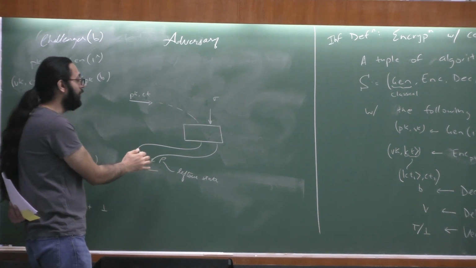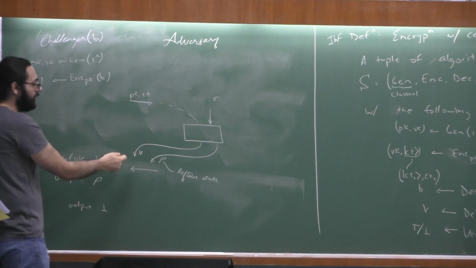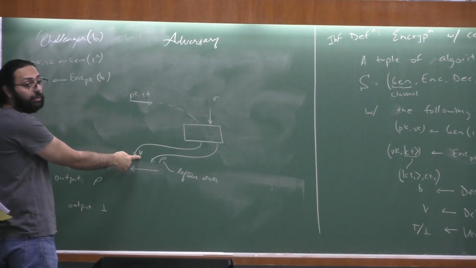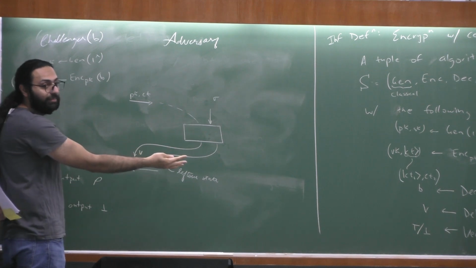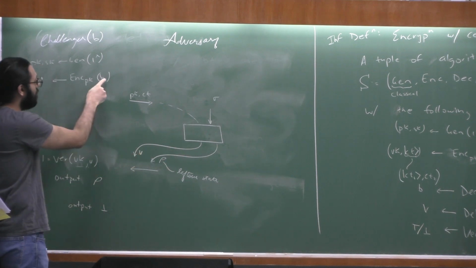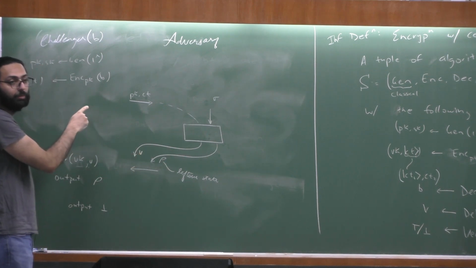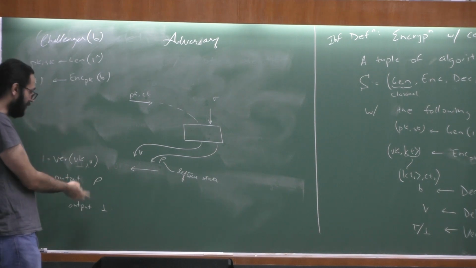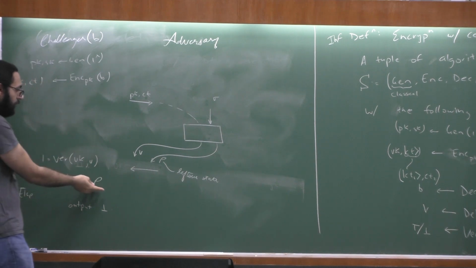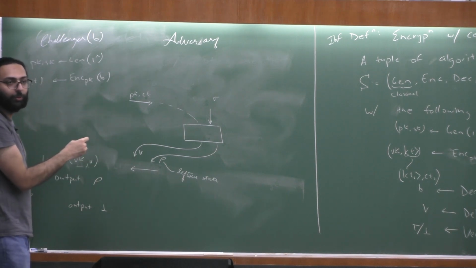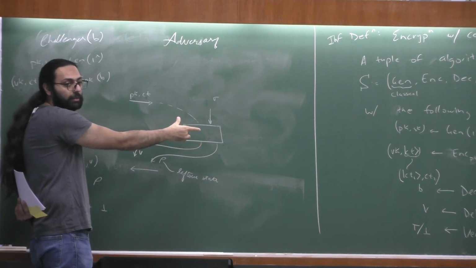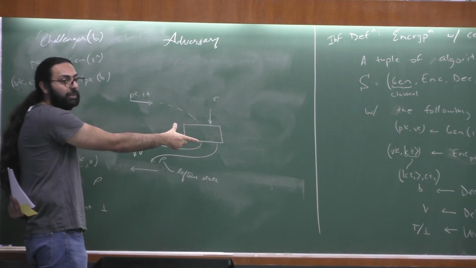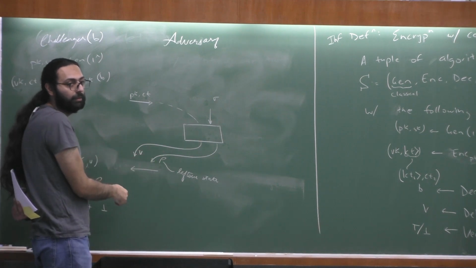But the key point is that in reality you would only need the deletion certificate, and if the deletion certificate passes, you are guaranteed that whatever else he has left is independent of the input B. That's what this experiment is capturing. So whether you output rho here or have some other way of doing it, all you're saying is what the adversary is capable of learning. You're just making a statement about the capabilities of the adversary.